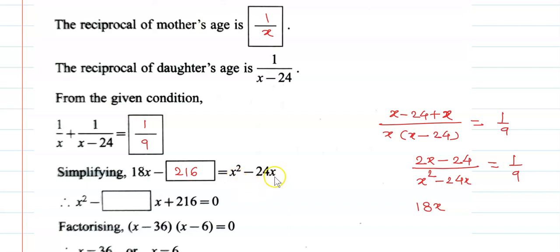And again the simplification. Minus 24x and minus 18x, therefore here you will get 42x. x square minus 42x plus 216 is equal to 0.